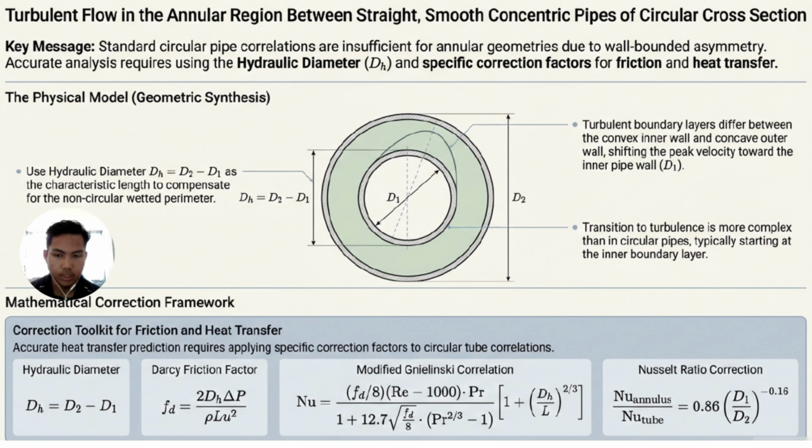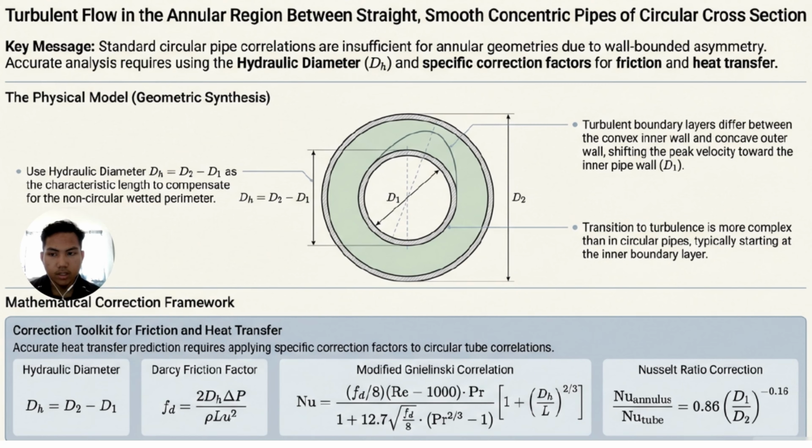To account for this, we must move away from the straight pipe diameters and utilize the hydraulic diameter, which is DH. As we can see, DH is defined as D2 minus D1, where in our Darcy calculation for frictional pressure loss, the DH becomes our primary characteristic length.